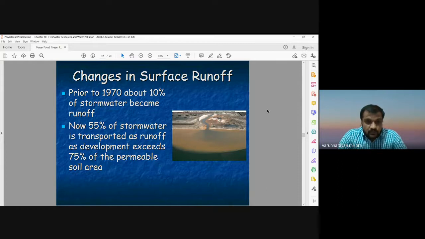So that's the problem, that we are not able to store the rainwater, the water which comes in the form of precipitation. This is the major challenge in dealing with the changes in surface runoff. Prior to 1970 it was around 10% runoff, but now it has increased up to 55% of the total runoff in case of storm water.